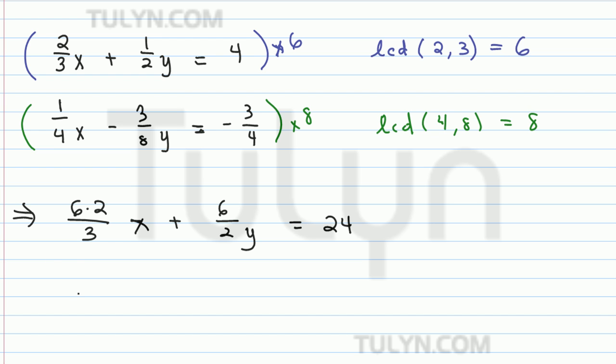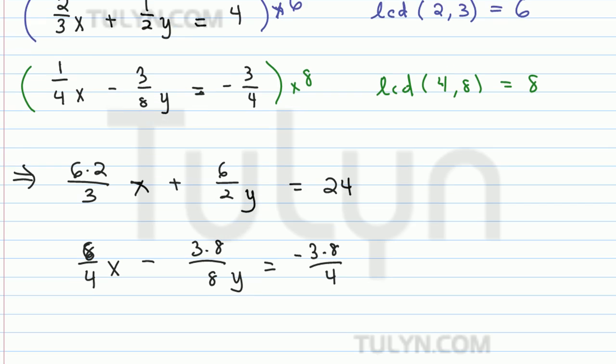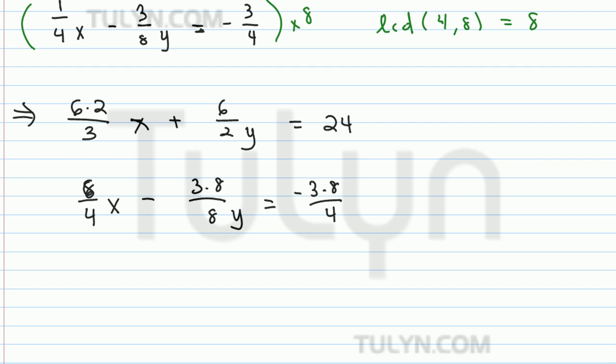And then the second equation is going to become 8 over 4 x minus 3 times 8 over 8 y is equal to minus 3 times 8 over 4. Now this looks kind of messy, especially the way I wrote it. Let me rewrite this 8 here. But it's going to simplify to something a lot nicer.